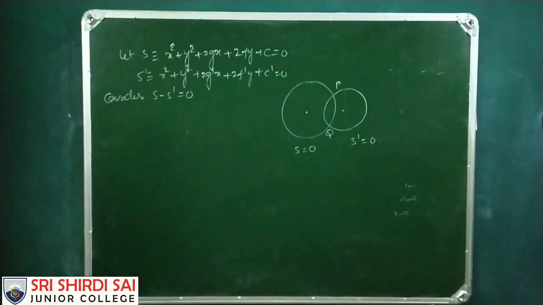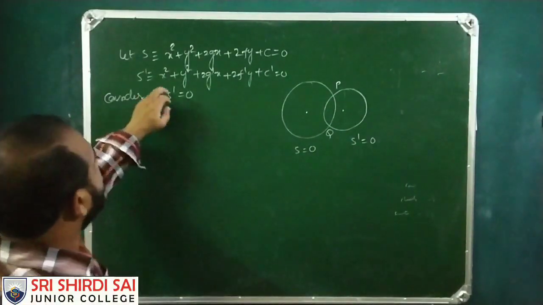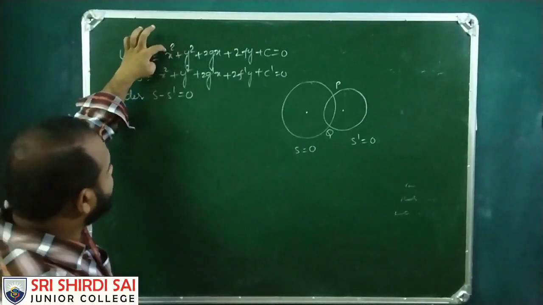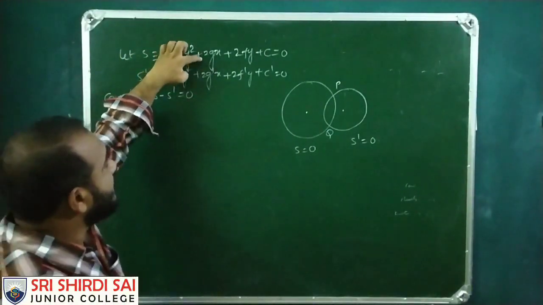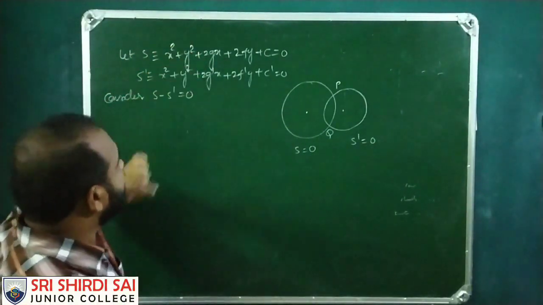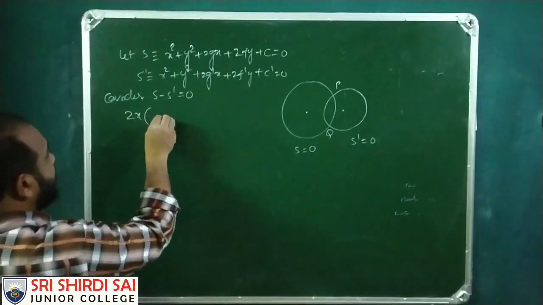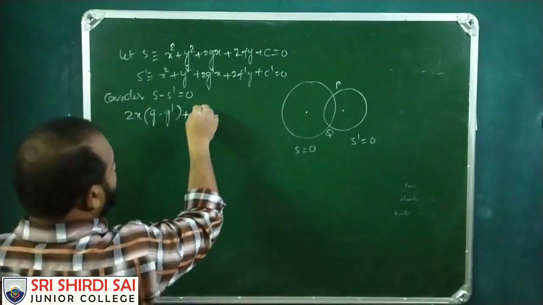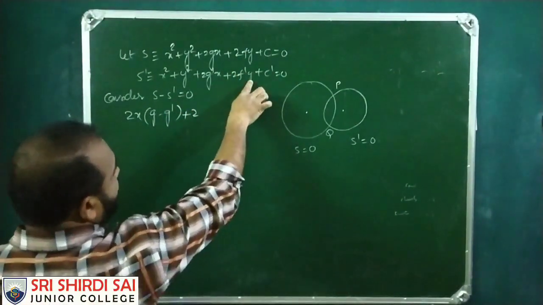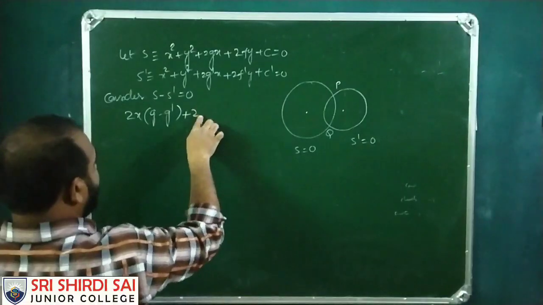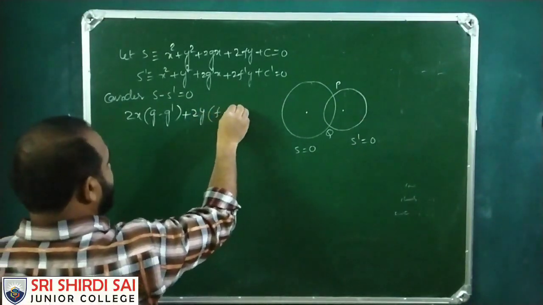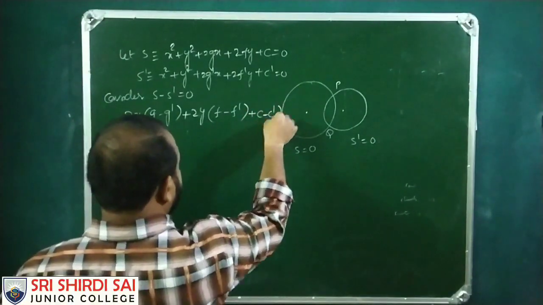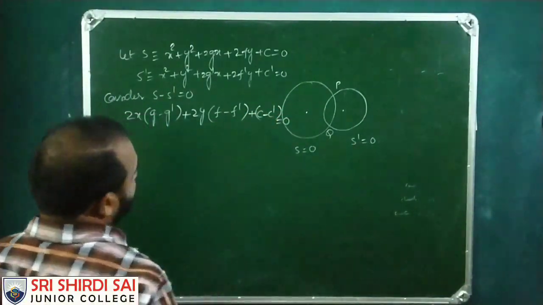So what is that S minus S dash? Simply if you subtract this, x square y square cancel, 2gx 2g dash x, take 2x in common, this is g minus g dash, plus 2fy minus 2f dash y, 2y if I take common, this is f minus f dash, plus c minus c dash equals 0.